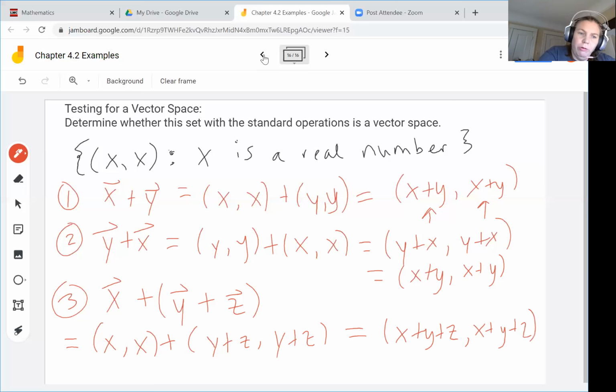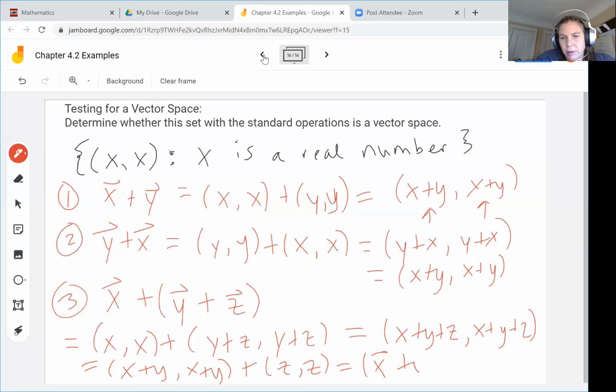And then through properties of real numbers, we could say this is just (x plus y) plus the ordered pair z, and that's equal to vector x plus vector y, plus vector z.